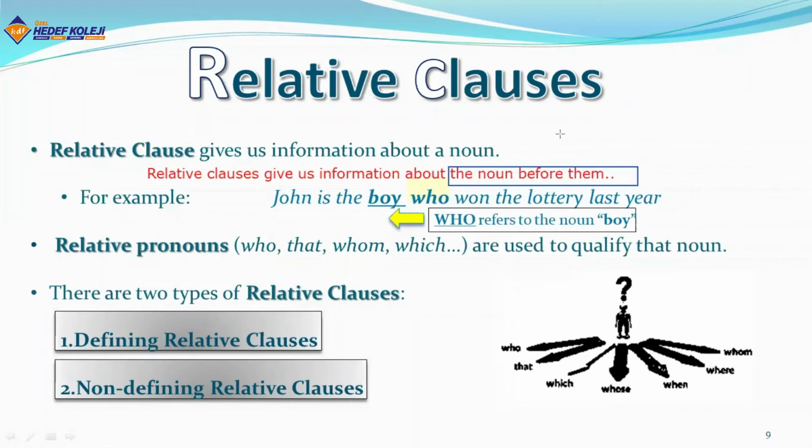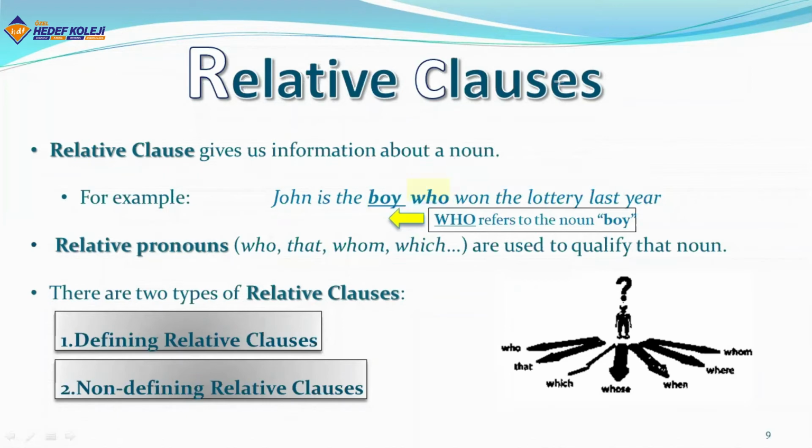Don't forget, please. What does it mean? It means that John is the boy. Boy is a noun, and I give information about the boy, so I use who. Okay? Is it clear? I hope so.